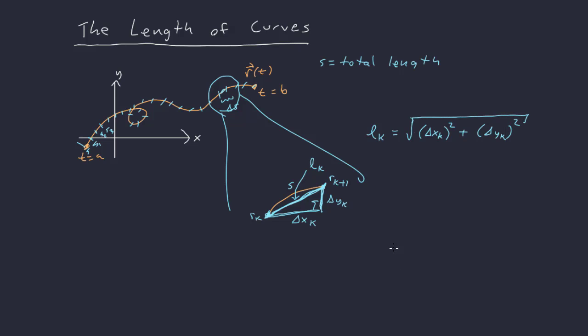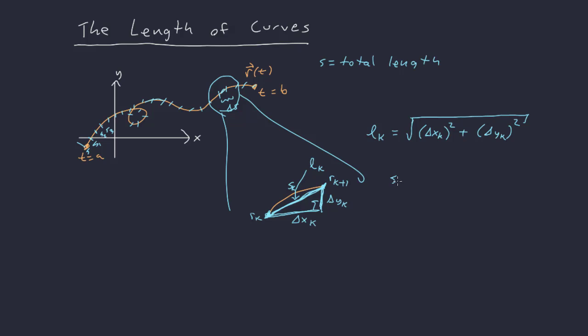Okay? So here is the idea. If we let delta s get small enough, this length is going to approximate, let's say, this length. Okay? So what ends up happening is each one of these little lengths that we chop up is going to be approximately equal to this L sub k.